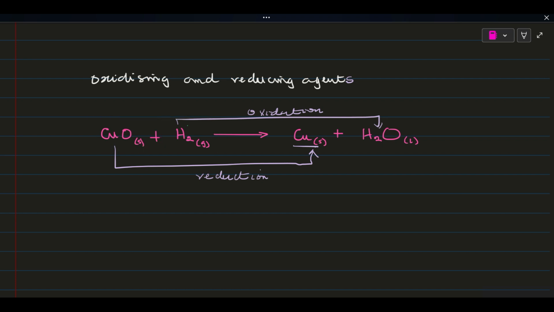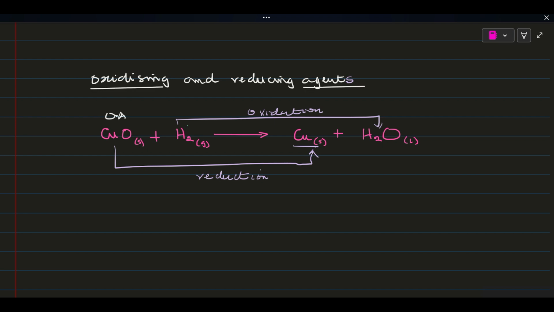So for example, in this reaction, hydrogen is oxidized. So that oxidation of hydrogen is caused by copper 2 oxide. So because of that, we will call copper 2 oxide the agent of oxidation on hydrogen, and in the short form we call it an oxidizing agent.